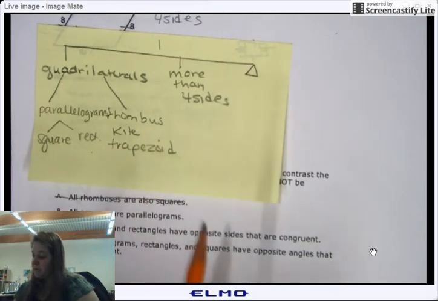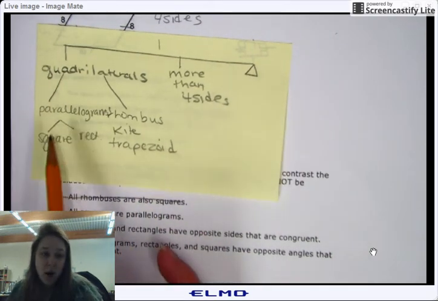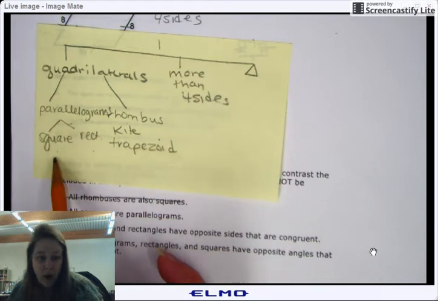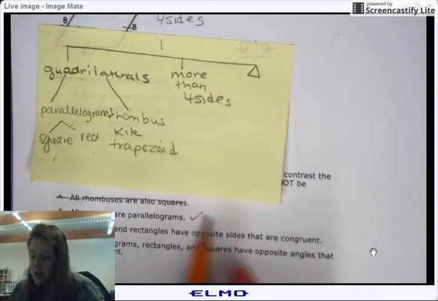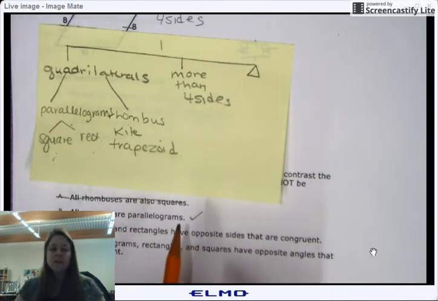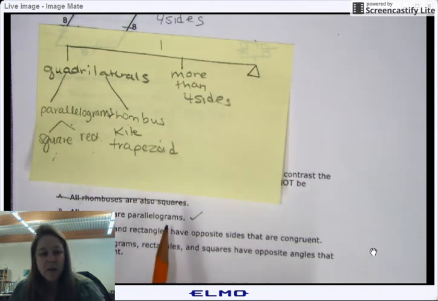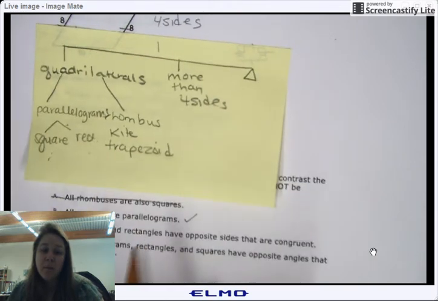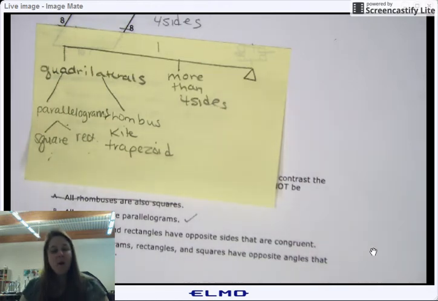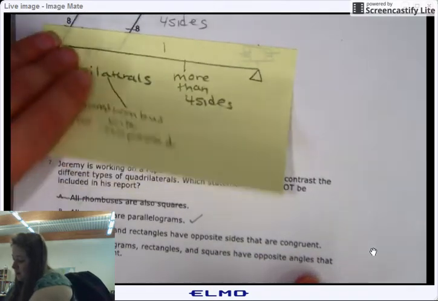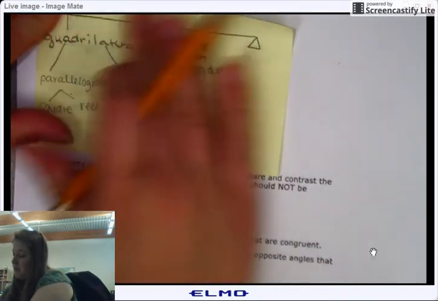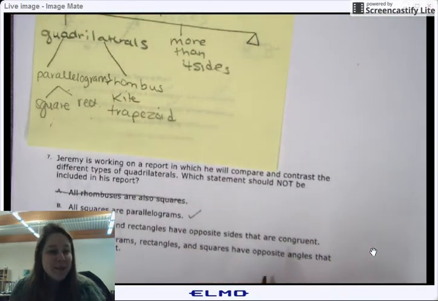So it's not A. All squares are parallelograms. Well, they are, but that might not be all of it. All squares and rectangles have opposite sides that are congruent. And all parallelograms, rectangles and squares, have opposite sides that are congruent. Okay? So now we're looking at, Ms. Hine did the same thing you would all do.